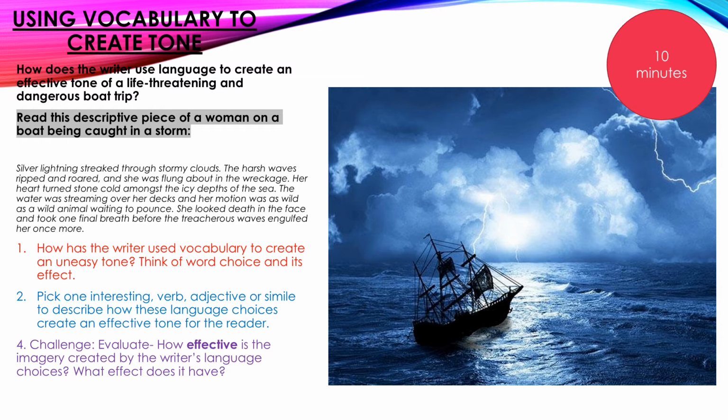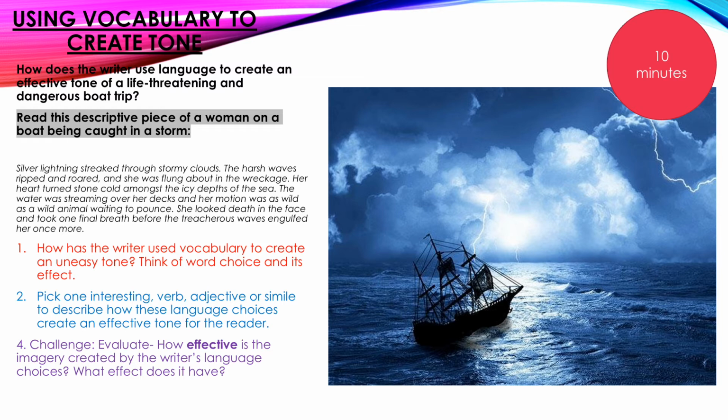She looked death in the face, which is, of course, a metaphor. So we've got some lovely metaphorical language here as well. And the adjective to describe the waves as harsh is also very effective here, as well as stormy clouds and the silver lightning which is streaked through the stormy clouds. So we've got some very vivid imagery there, okay?